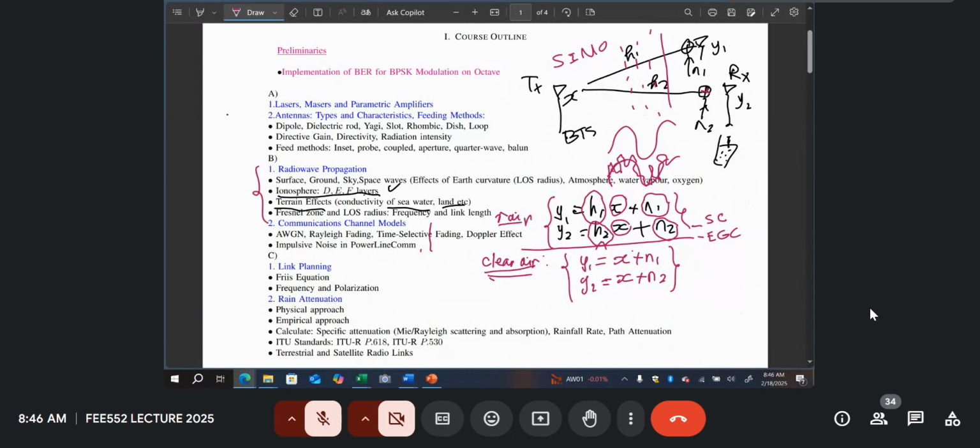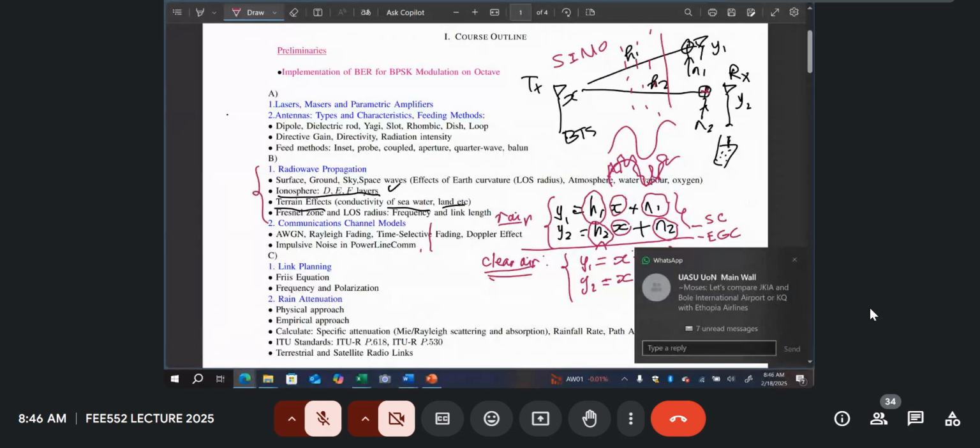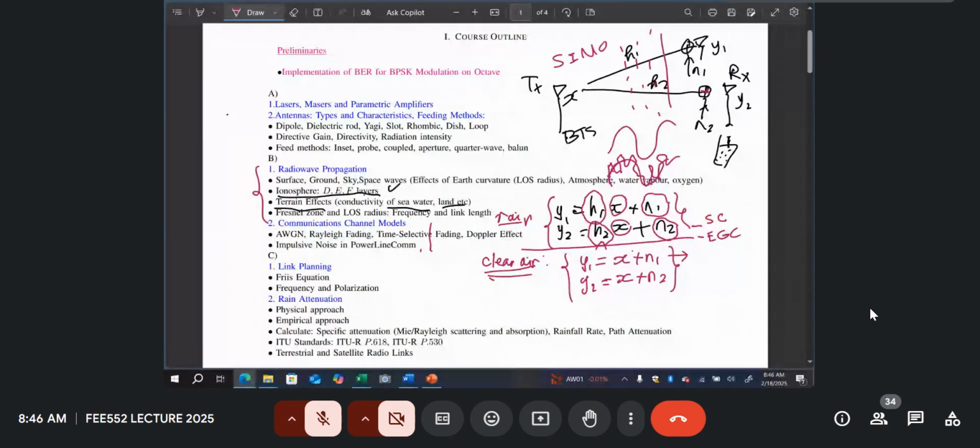Here you can just check N. You process N1 equal to Y1, which you have received, minus X. X is one of the modulation levels that you transmit. Then N2 is Y2 minus X. After you compute N1 and N2, you check which one is minimum.